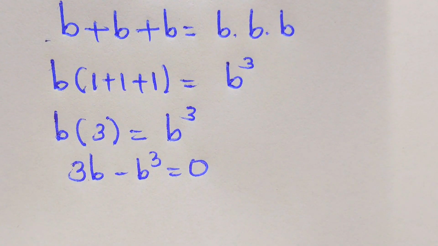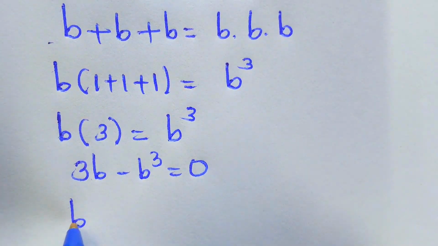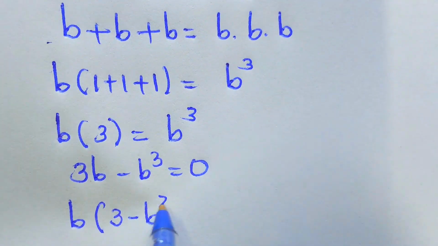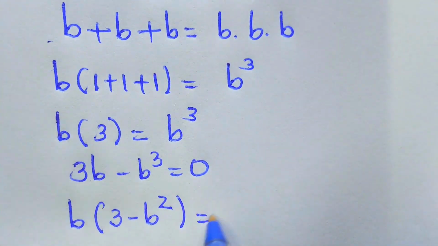We have b, which is common, so we factorize b out to get b(3 minus b squared) equals 0.